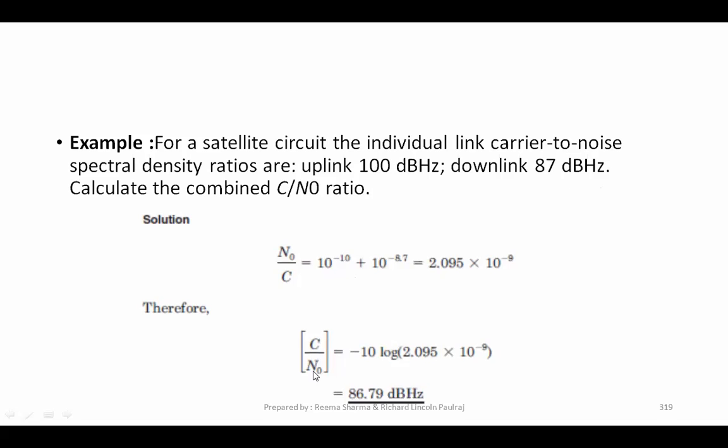So C by N naught will be equal to minus 10 log of the value, which is the normal conversion that we do. Ultimately, we are looking at 86.79 dB hertz. So this is my combined carrier to noise ratio. These conversions you have to keep in mind, check what values they are in, and accordingly add the conversion factors.